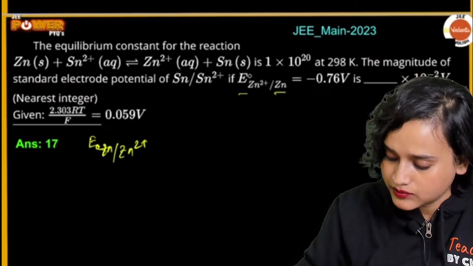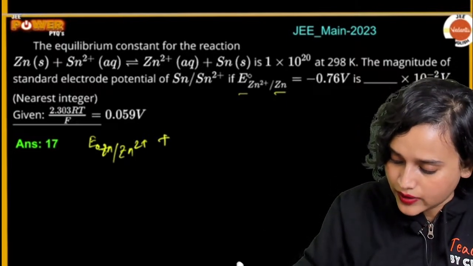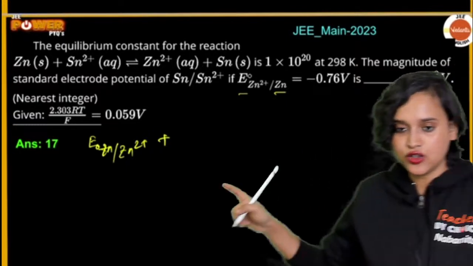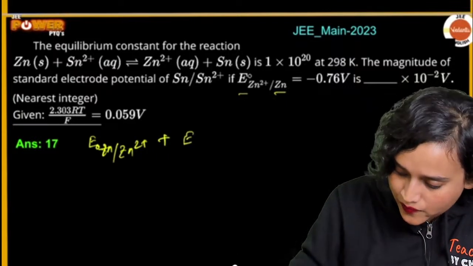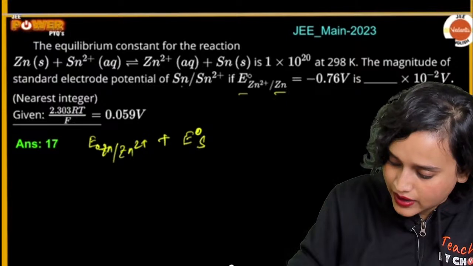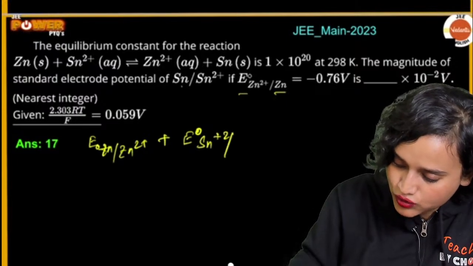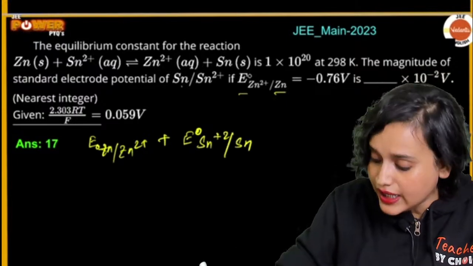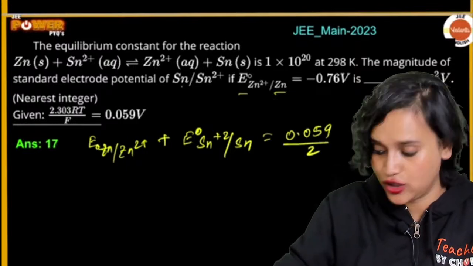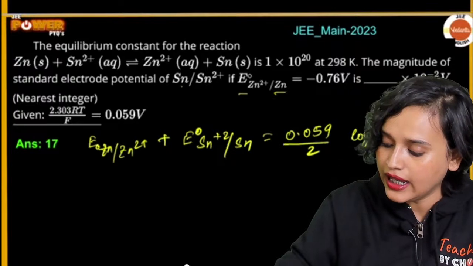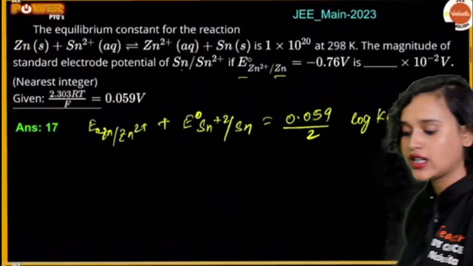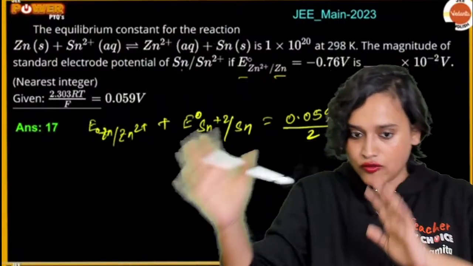E naught Zn to Zn2+ minus E naught Sn2+ to Sn should be equal to 0.059 divided by 2 log KEQ. Now you might ask where is the minus sign? See, the minus sign will definitely get cancelled out from both the sides.